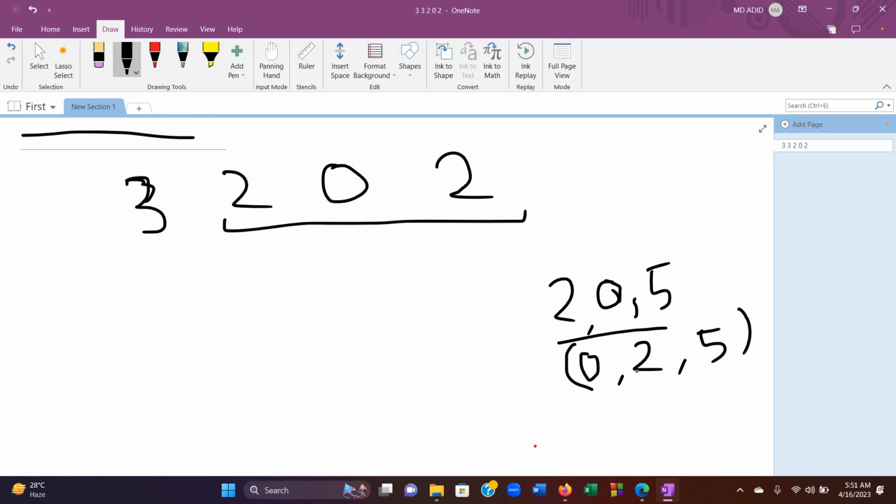That's interesting. 2 is available, 3 is not available, 4 is not available, and 5 is available. Out of the missing parts, 1, 3, and 4, what is the smallest one? 1 is the smallest non-negative integer that is not part of the array currently, and that's basically what the MEX is.